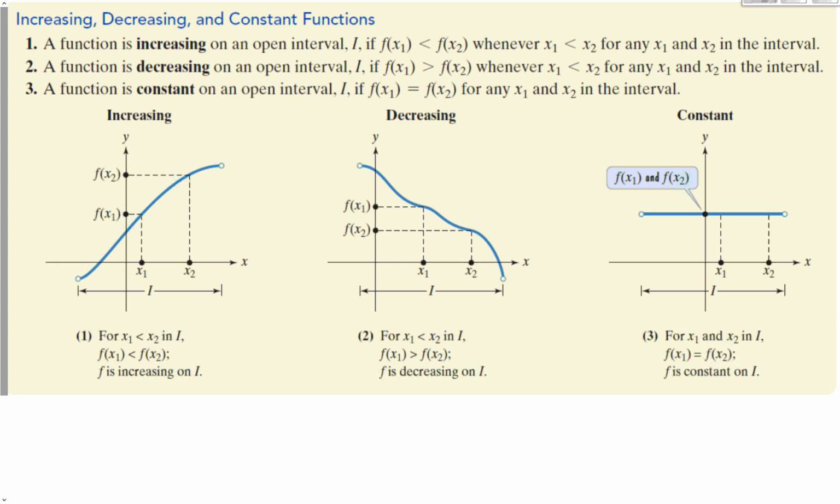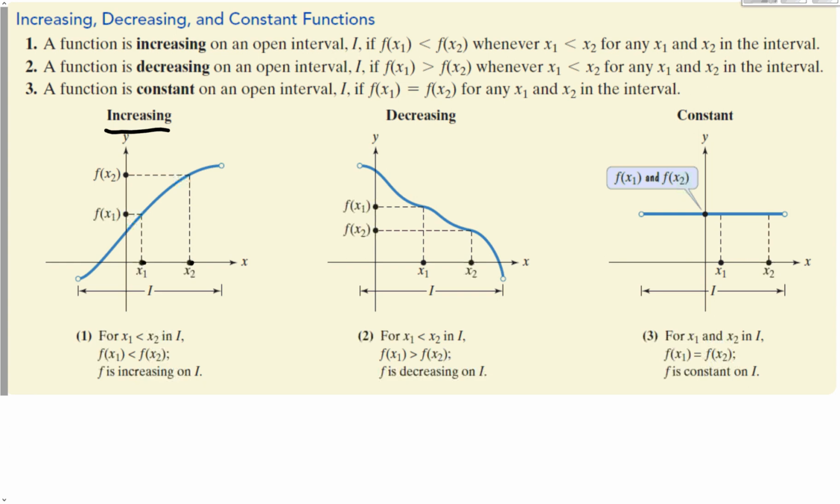So number one, a function is increasing on an open interval I, it could be any interval you want, if f of x1 is less than f of x2 whenever x1 is less than x2 for any x1 and x2 in the interval. So if we look at the increasing function picture right here, we're always going to have x1 less than x2, right? We always want to go left to right when we're comparing 2 points.